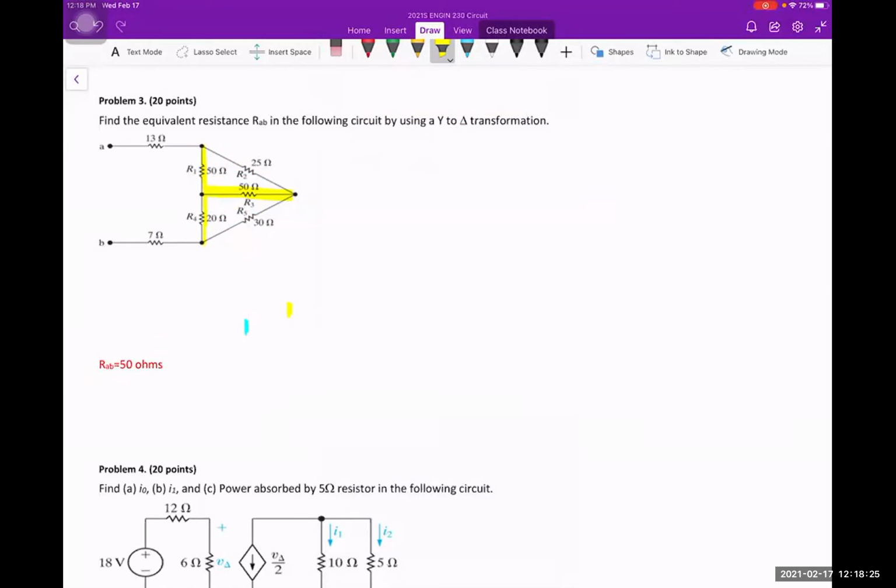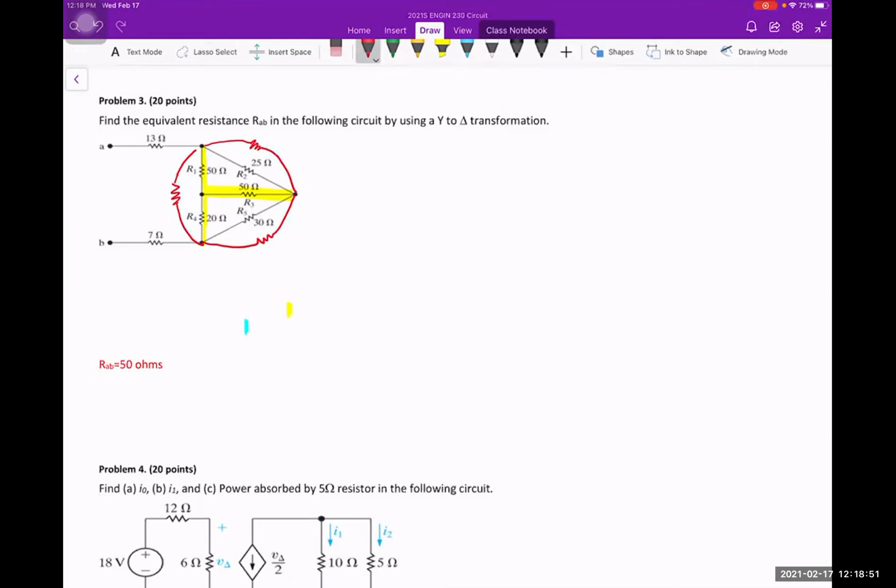When I change it to a triangle, I'm going to ignore the t, and it will become a triangle that looks like this. Okay, this is the t going into a triangle.